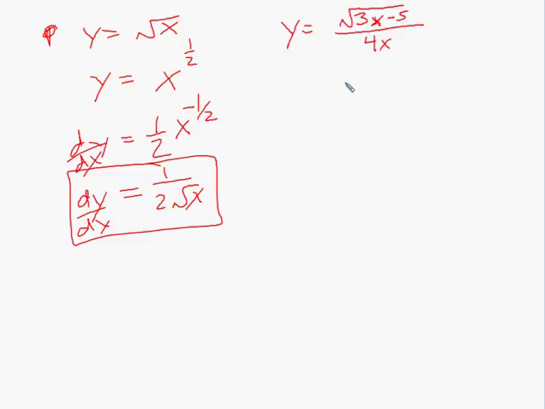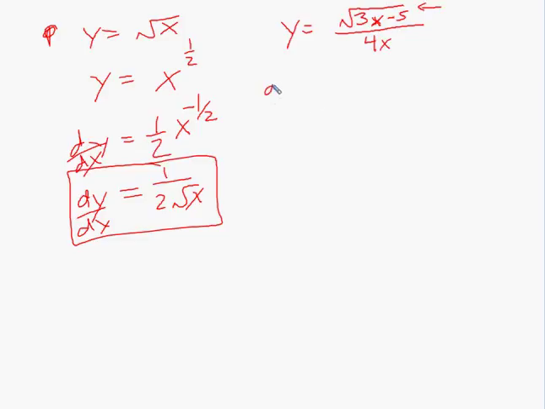I am going to have to use two rules in this, and that will happen often. I see I have a function at top and a function at bottom, so I need a quotient rule. I also have a function within a function, so I have a chain rule. So I have a chain rule and a quotient rule that I'm going to have to use.